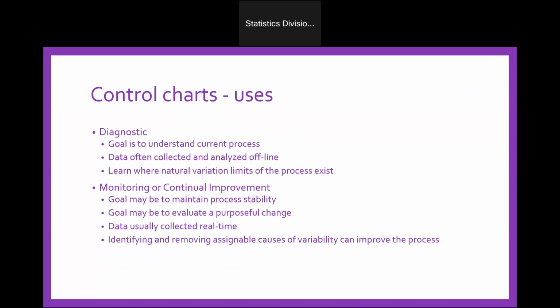If you have 6 different operators that can run the process, and one is always doing something a little bit different, and that one causes things to go out of control, if you can figure out what's happening and train that operator to do things the way everybody else does it, and remove that variability, that just improves your process. So those kinds of things can really help your process if you can do something about the assignable causes that you find.